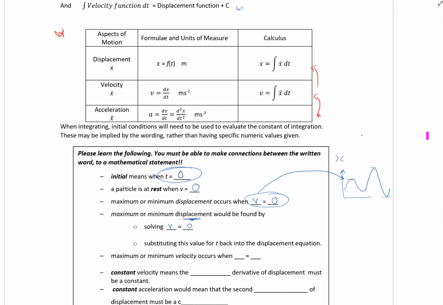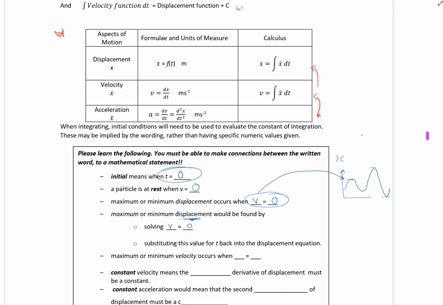Now, if you're struggling with that, they're the questions I would like you to ask me or a student next to you. And if the student can't answer it, then please make sure you ask me, because I believe your success in this chapter depends on your understanding of what the mathematical process is calculating for you in terms of real things like time, displacement, velocity and acceleration.